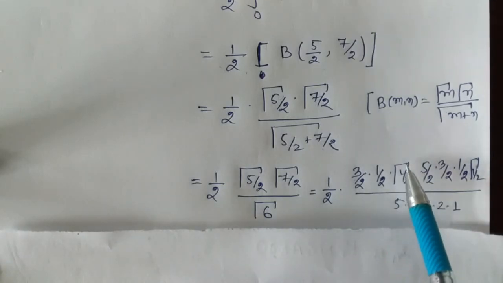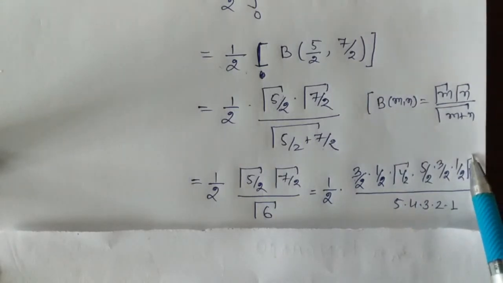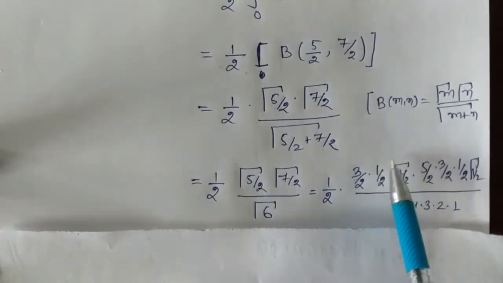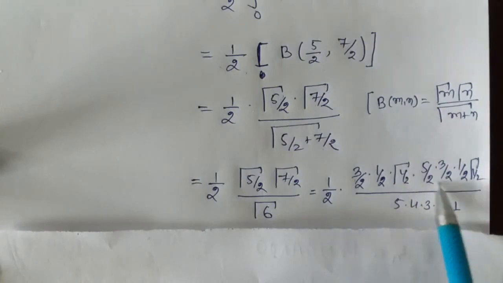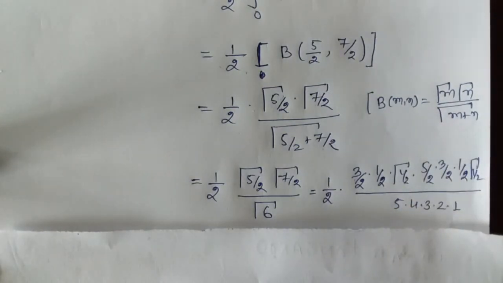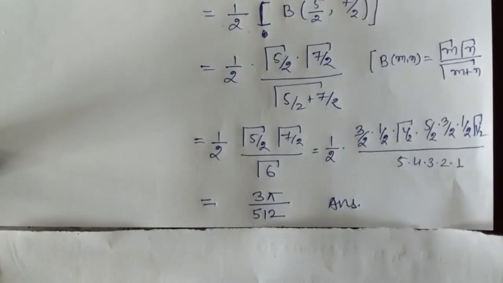Now here gamma half is root pi, gamma half is root pi, so root pi into root pi is pi. And further simplifying all these terms, we get the value of the given integral is 3 pi by 512, which we were required to show. So we evaluated the given integral using beta function.